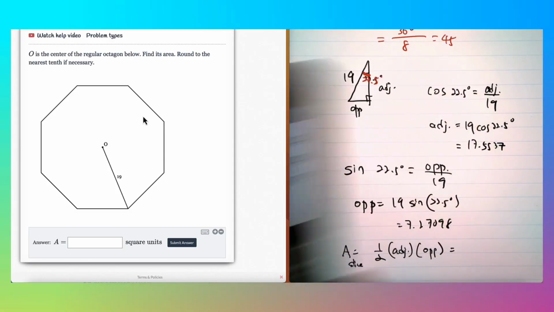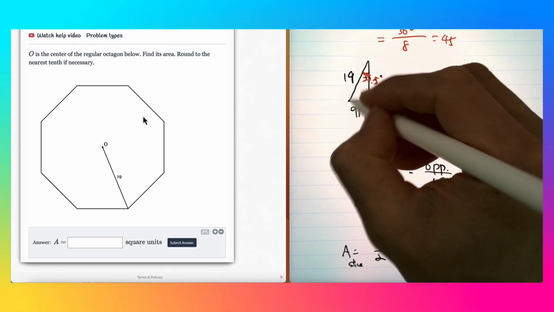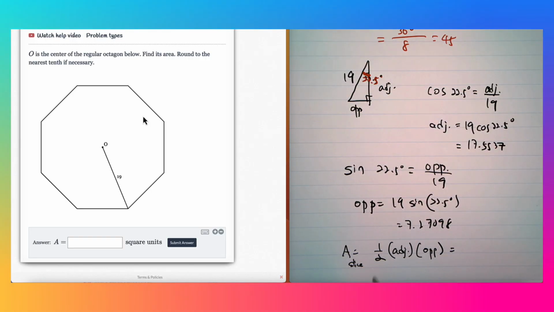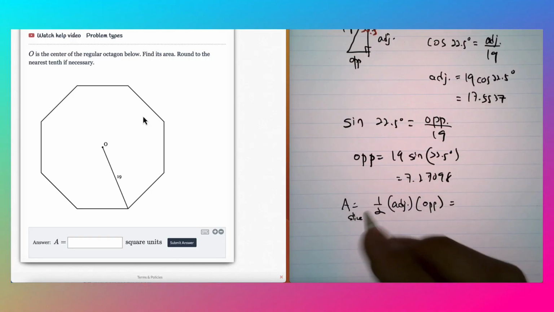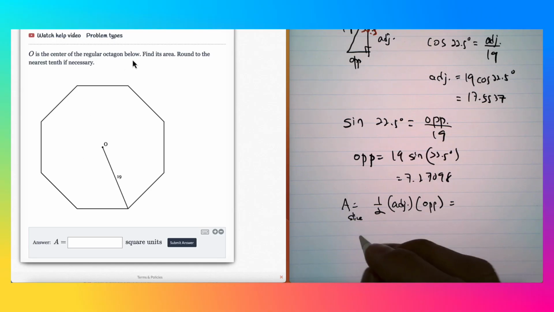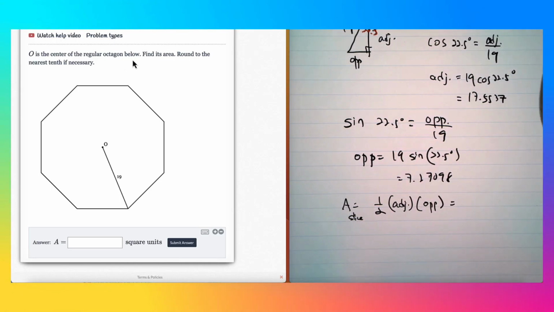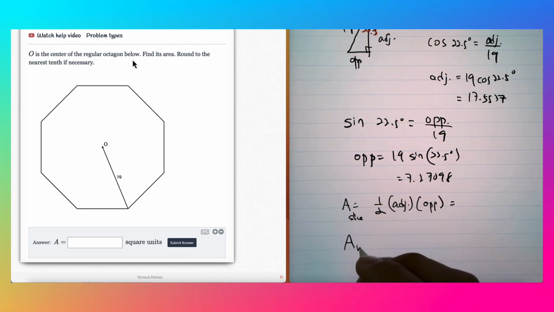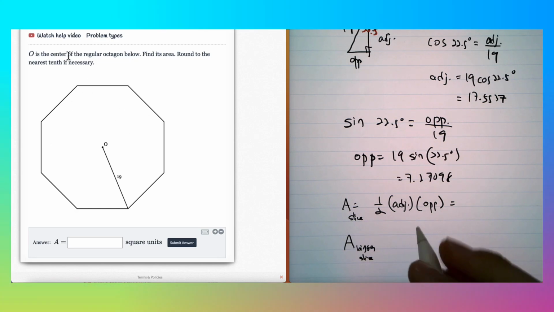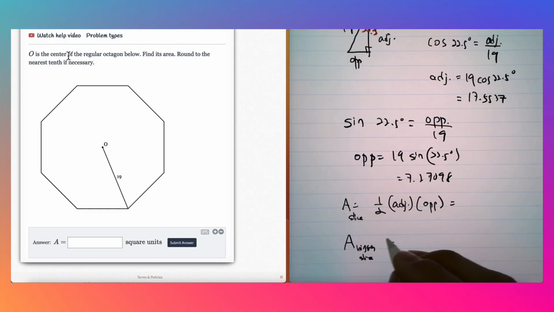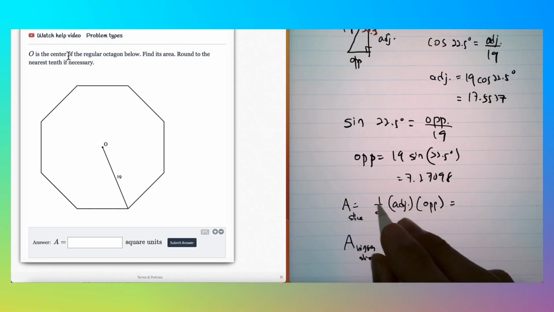Now about the slice, this right angle slice is half. But if you want one of the 8 slices, so I'm going to call it the bigger slice, that comprises 8 slices to make up the octagon, you'll have to multiply that by 2.